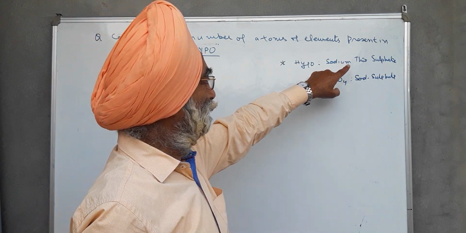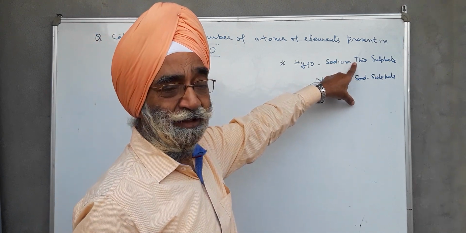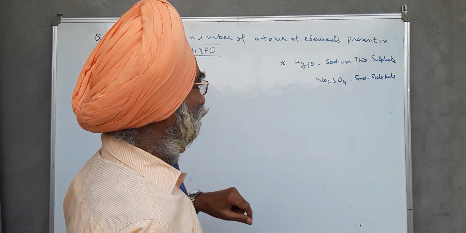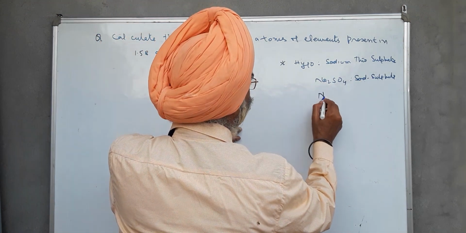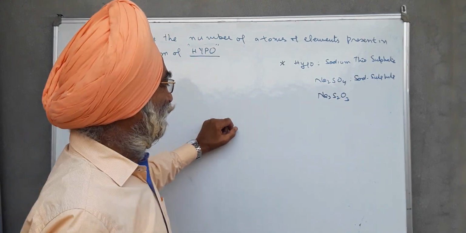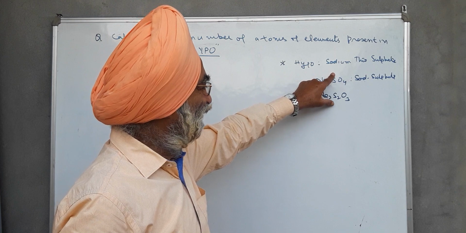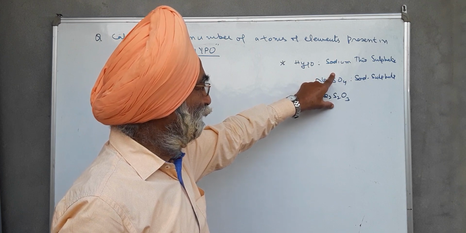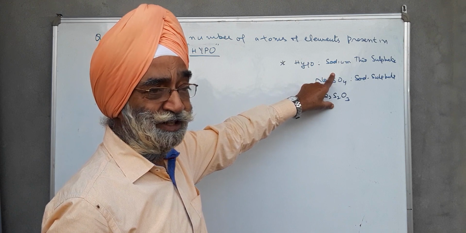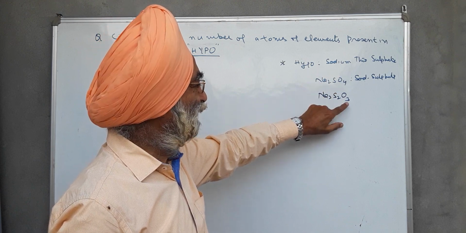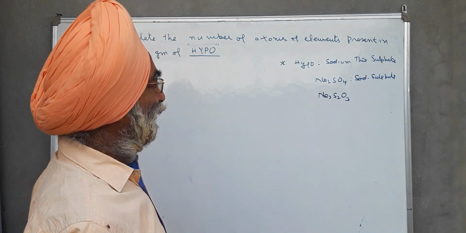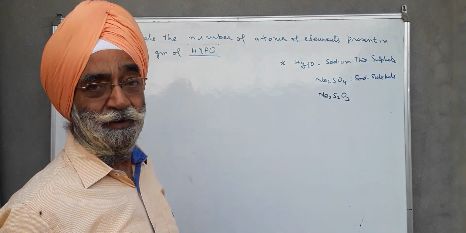But it is sodium thiosulfate, and thio stands for sulfur. One sulfur atom will increase at the cost of what? Oxygen. To balance or maintain the different valencies of sulfur, one oxygen has to go. So it becomes sodium thiosulfate, that is Na2S2O3.